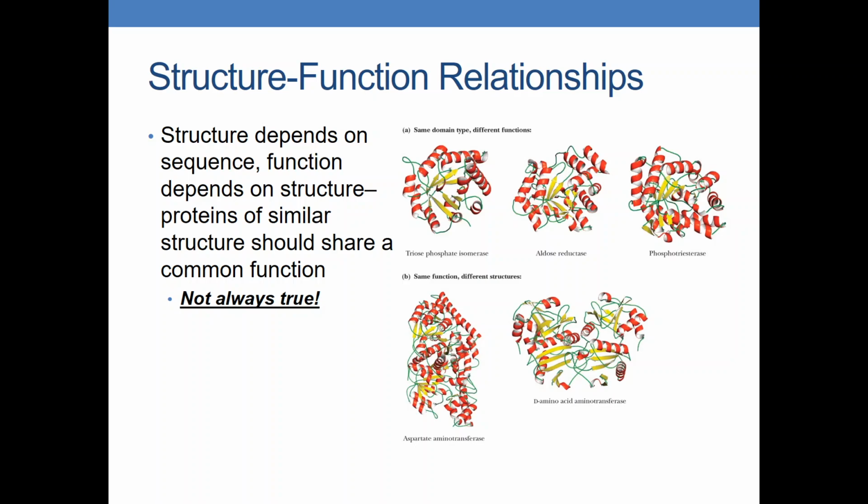So it's all about the actual output. Nature doesn't really care how we get there, just that we do so that we can survive. So here, let me reiterate this one more time. Proteins of similar structure do not necessarily share a common function, but structure does dictate function. I will go to my grave with that. Structure dictates function.